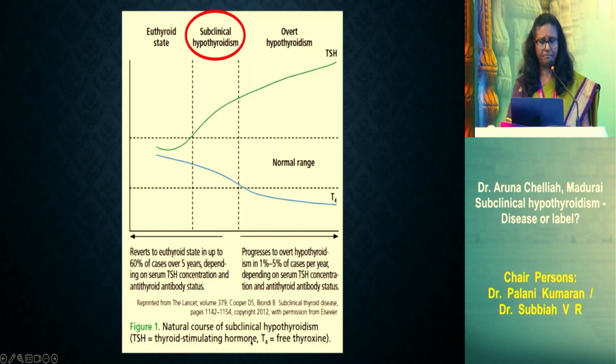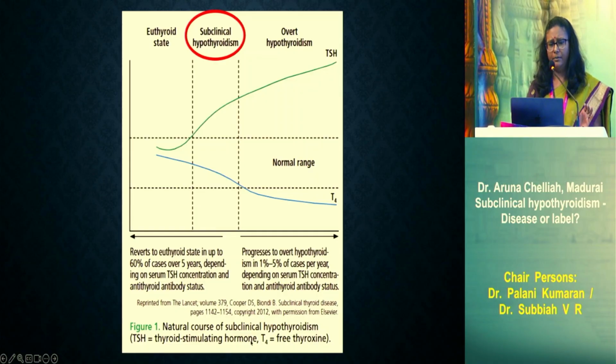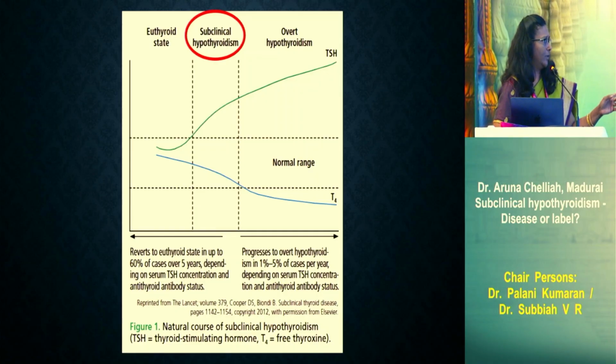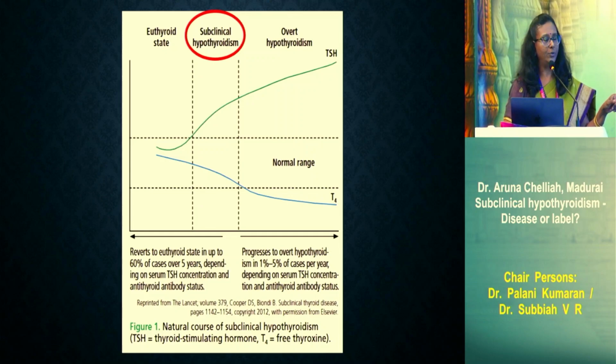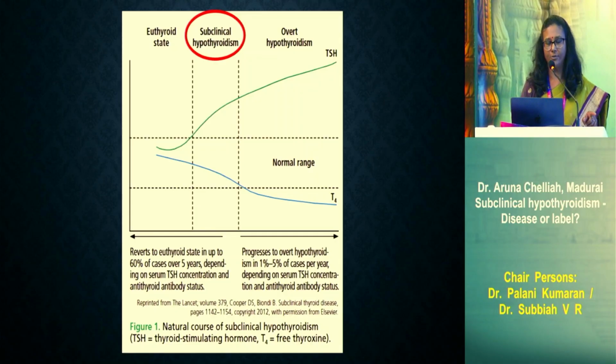And this is the most important thing, I would like you to look at the bottom part. Up to 60% of the cases revert over 5 years to the normal euthyroid phase. But 1 to 5% of the cases progress to the hypothyroid phase, especially if the antibody testing is positive. And remember again, in the general population, up to 10% have autoimmune antibodies that are normal, not abnormal.